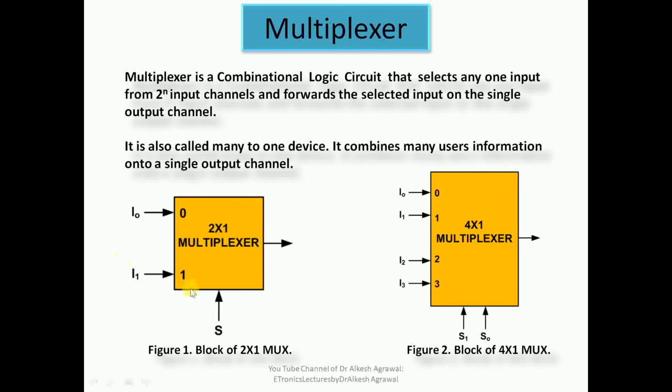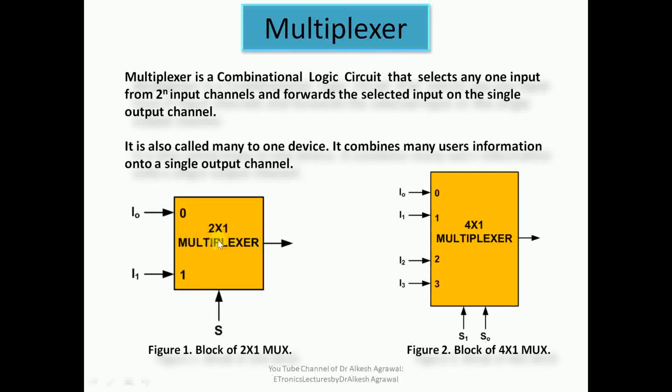Out of these two input channels, carrying I0 and I1, either I0 or I1 is selected and forwarded onto the output. Similarly here, I0 or I1 or I2 or I3 will be selected and forwarded onto the output channel. The selection is done through the selection input, which I'll discuss later. So in brief, a multiplexer is a combinational logic circuit that selects any one input from the given input channels.